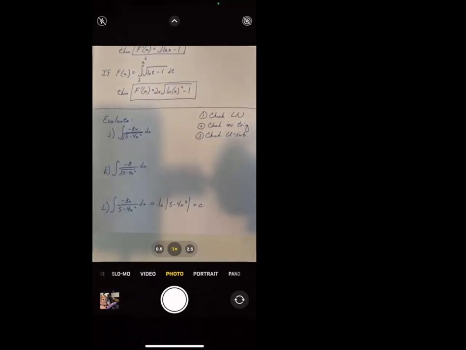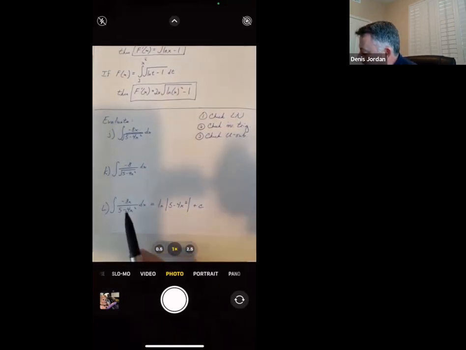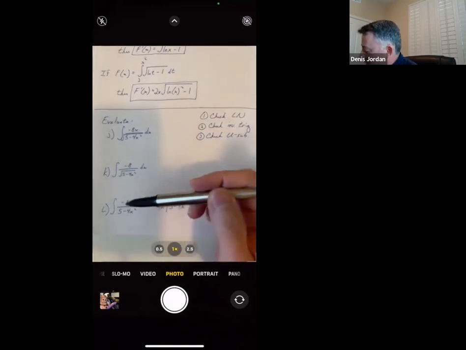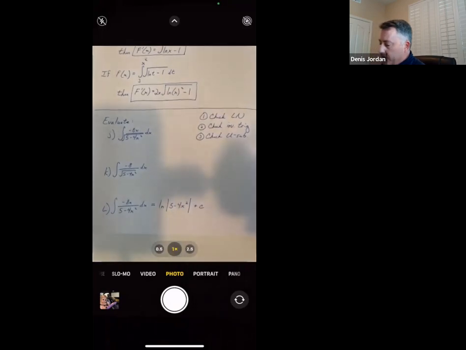Quick question. I'm looking at 5.8, the inverse trig functions. Couldn't you use one of the formulas for L? No, because you don't have a square root in the denominator. You might be able to if it was 5 plus 4x squared, because then it might fit an arctangent.